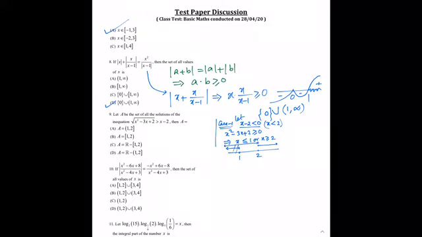So we are only getting this in this case. Now in case 2, if x - 2 is greater than or equal to 0, that means x is greater or equal to 2. That is our assumption.